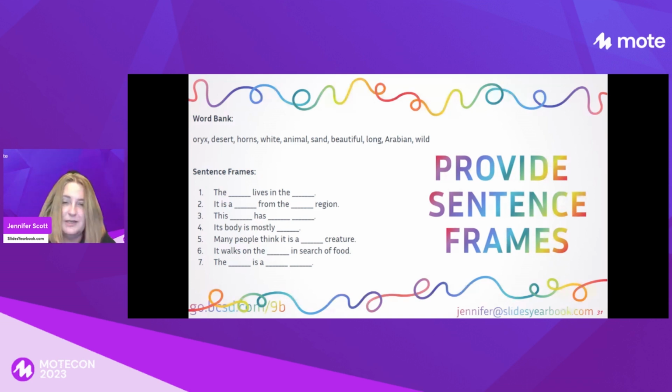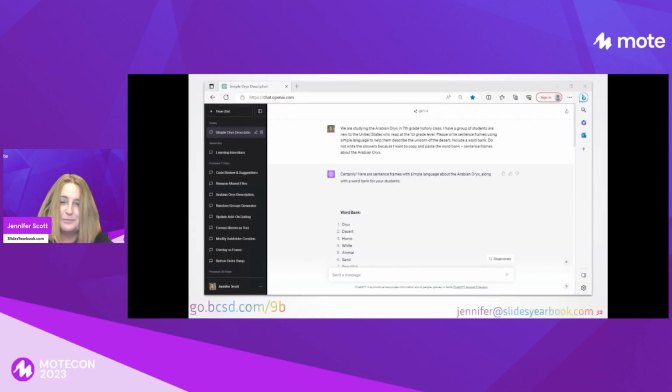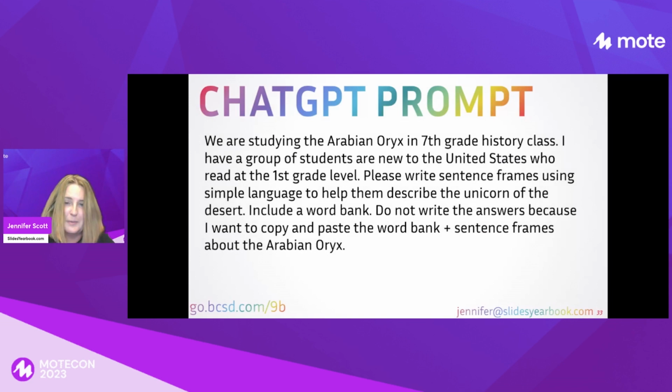And it gave me more. And I went ahead and I asked one more time, and it gave me this beautiful formatting, which I put for the students. So now the students are using Mote and they have a sentence frame. So this is my example here. Here was my prompt that I actually had to go back and have a conversation with.